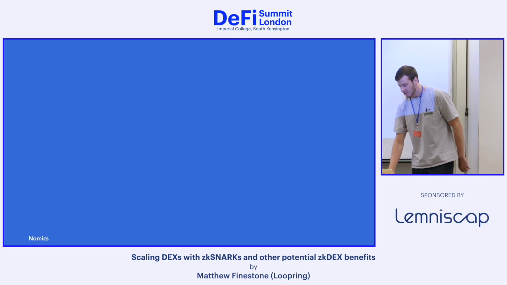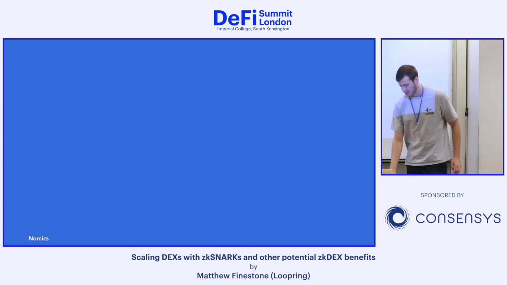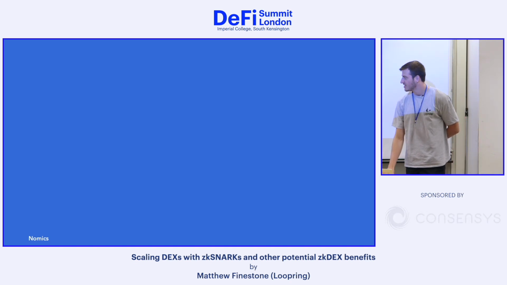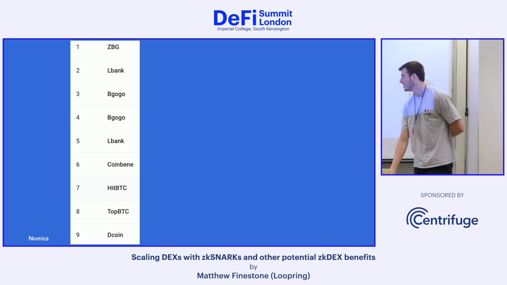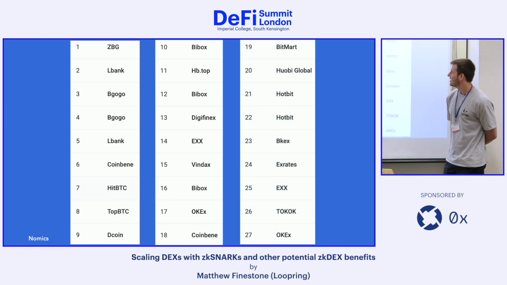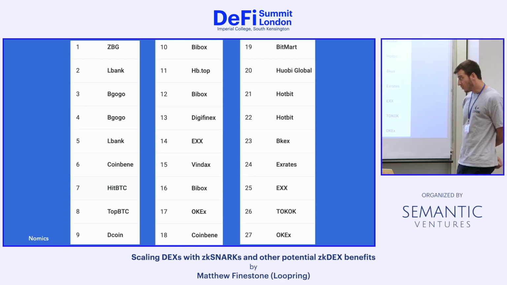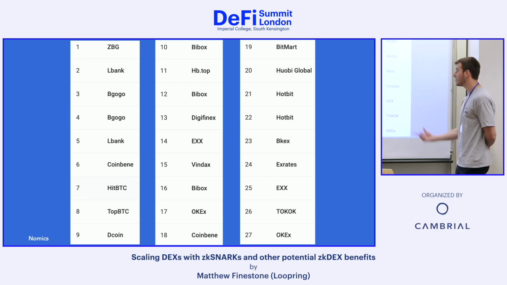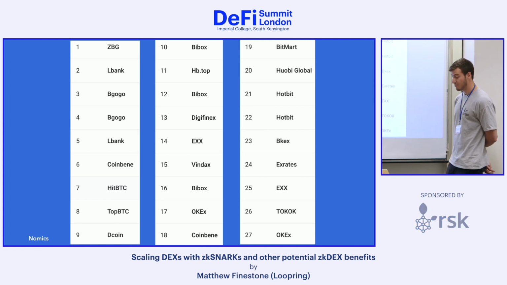So now before I actually dive into the zero knowledge work that we're doing at Loopring, just to drive this point home about how we think custody is important, here I took a couple of screenshots. I'm not sure about you guys, I'm not the most active trader anymore, but this is a list from nomics.com, the data provider, about the top ETH markets by volume.